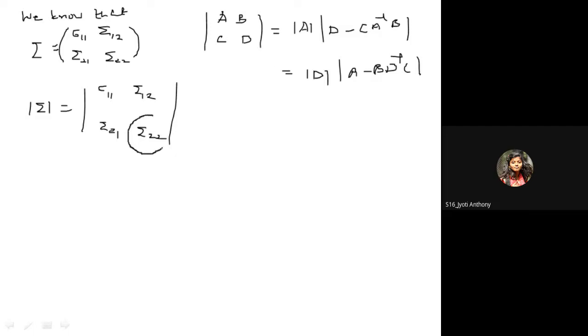It is sigma 2 2. So we can write it as the determinant of sigma 2 2. This result we will use.